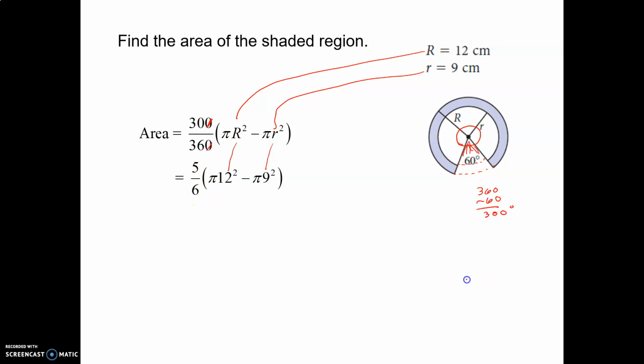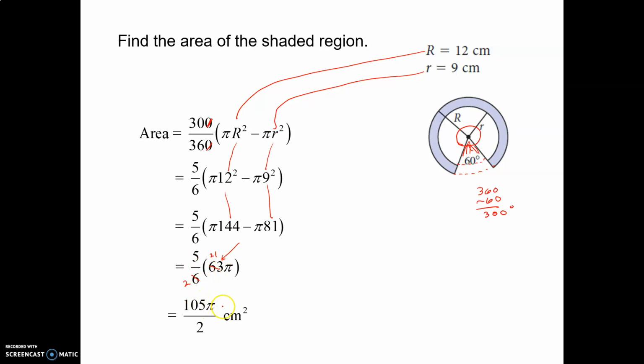Little r here becomes a 9. 12 squared is 144. 9 squared is 81. 144 pi minus 81 pi becomes 63 pi. So they did a division here by 3. 3 goes in there twice, and 3 goes into there 21 times. So the top would be 105 pi, and on the bottom, a 2. So that would be my answer in square centimeters.